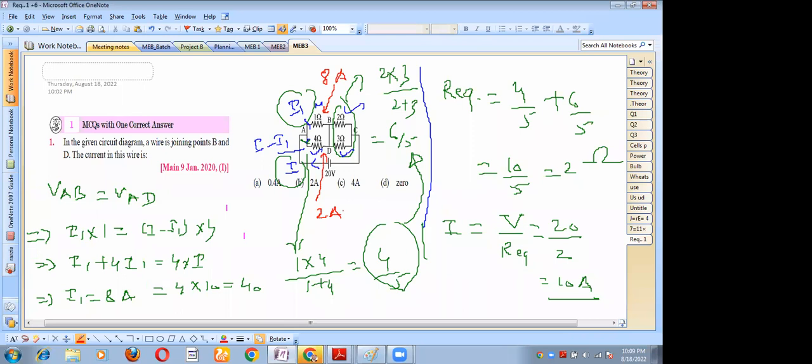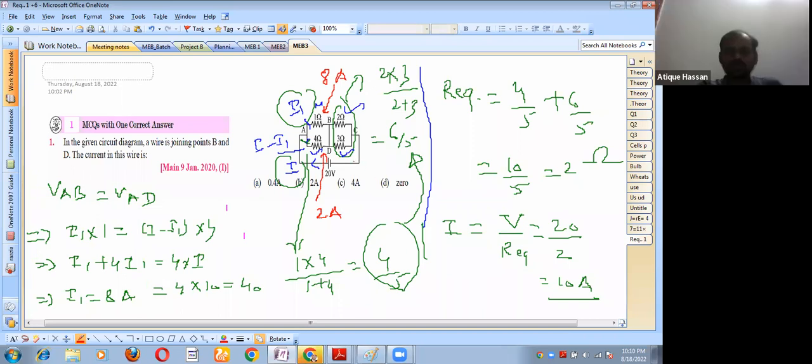Now we have to see here between BC and DC. So if you see from this circuit, the total voltage is 20 volt, and we can find the potential across.